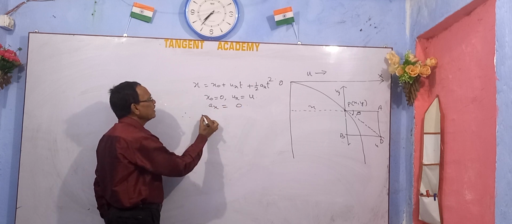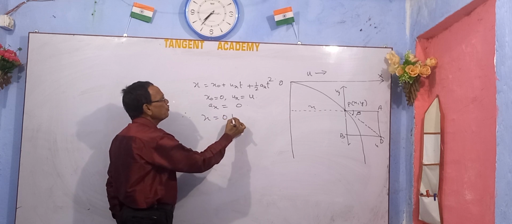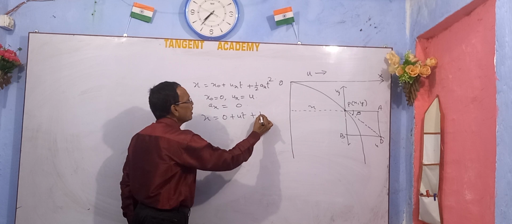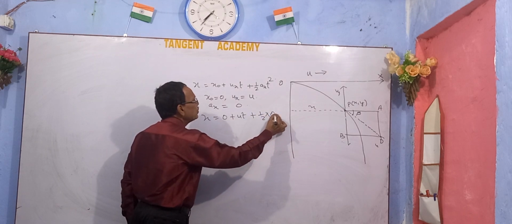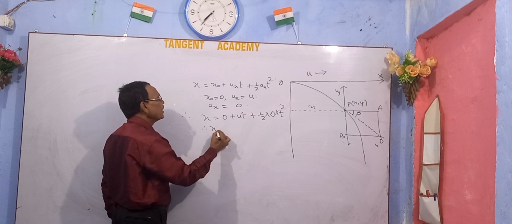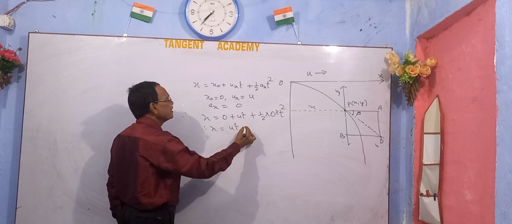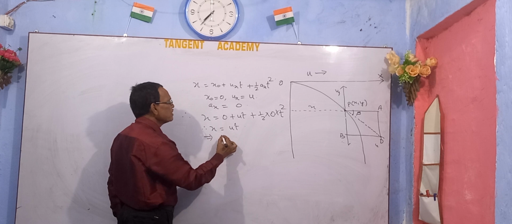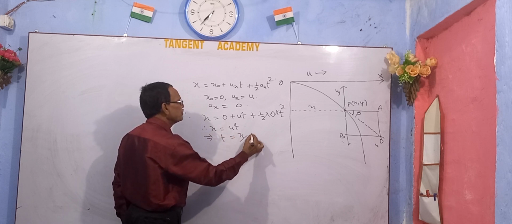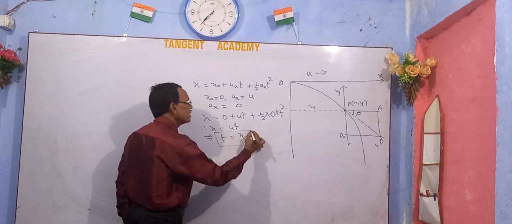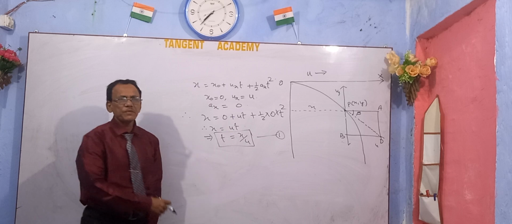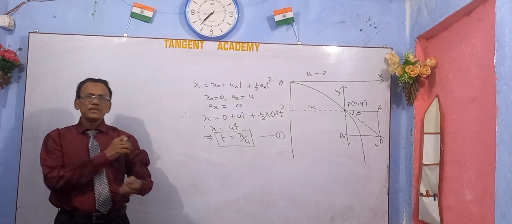Therefore, we get x is equal to 0 plus ut plus half into 0 into t square, that will give you x is equal to ut, which implies time is given by x by u. Let us consider it as result 1. Time is given by x by u.